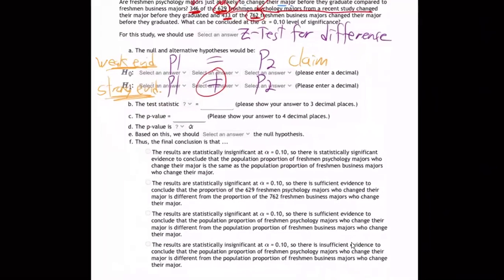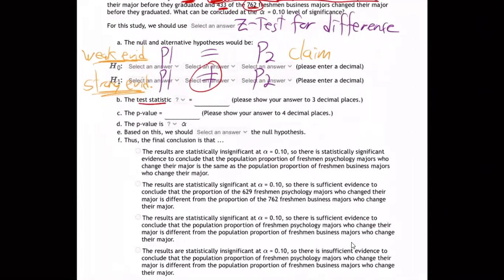It's asking me for my test statistic, that is my Z. Z equals, and how many places? 3 decimal places. So I'm getting negative 0.679. And then the P value, they want 4 places, 0.4970.